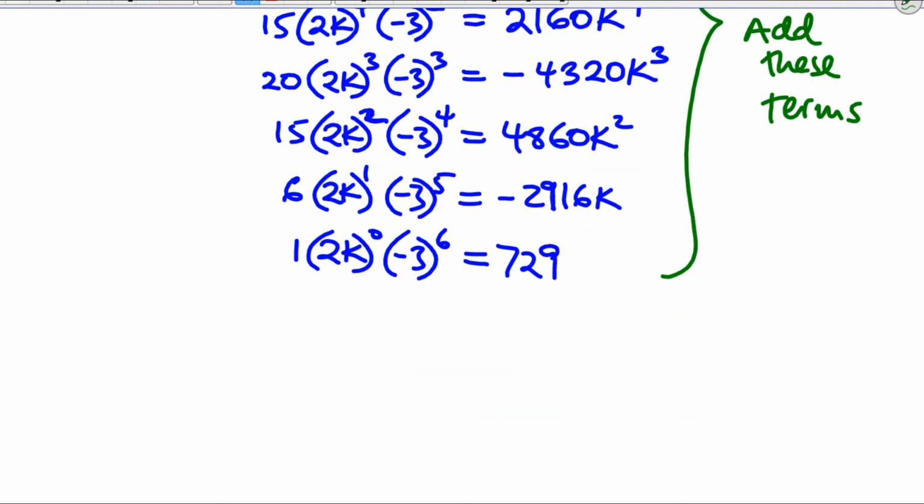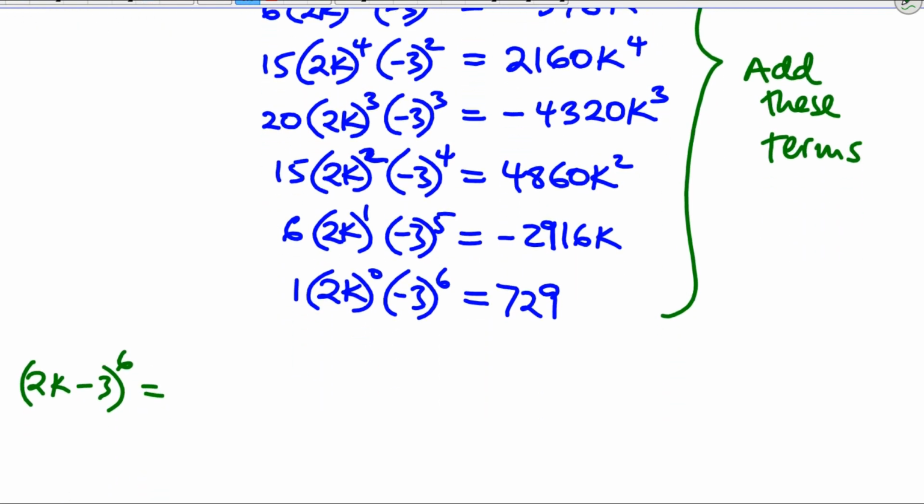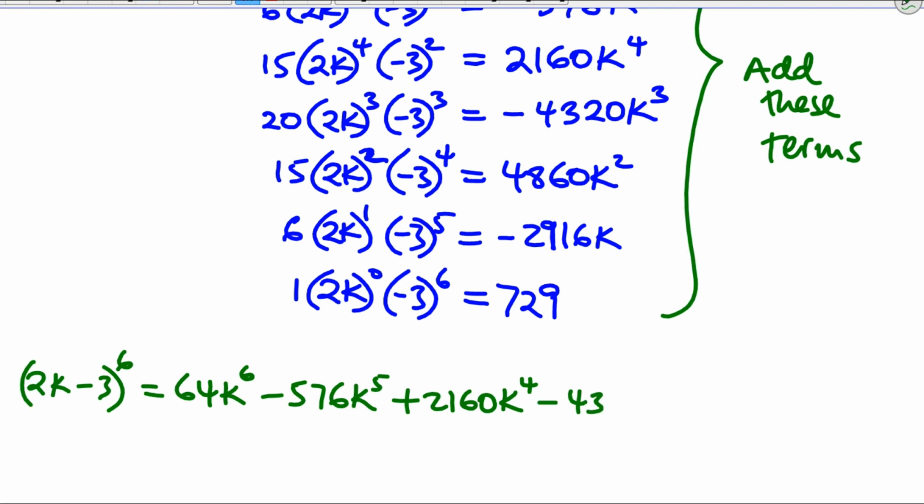So basically, 2k minus 3 to the power of 6 will be equal to whatever we had for the first term, which is 64k to the power of 6, minus 576k to the power of 5, plus 2160k to the power of 4, minus 4320k to the power of 3, plus 4860k squared, minus 2916k, plus 729.